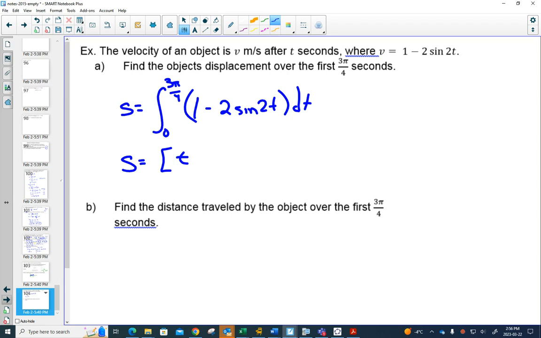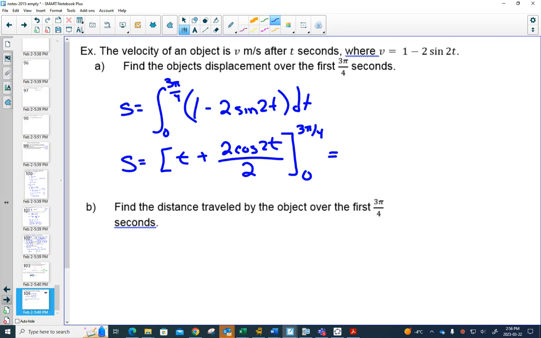The integral of negative sine 2t would be positive 2 cos 2t, and you'd have to divide out the chain rule, from 0 to 3 pi over 4.